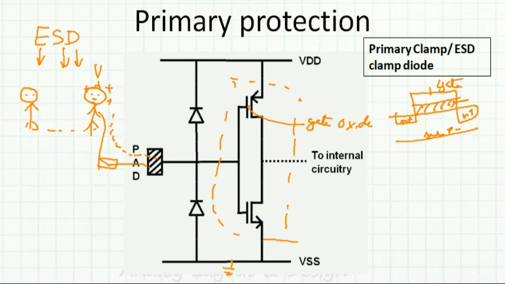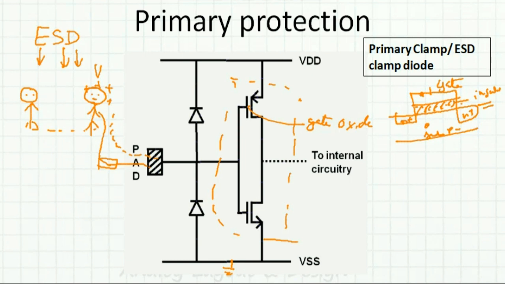So this is the gate oxide, which acts like an insulator, and the gate and substrate act like a capacitor with a gate oxide insulator. Because of very high voltage, this insulator will break down. That means it will lose its insulating characteristic. That is what is known as gate oxide breakdown.